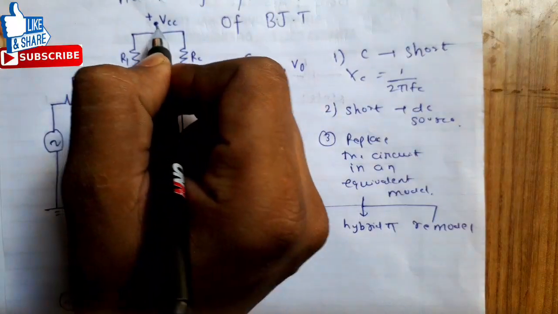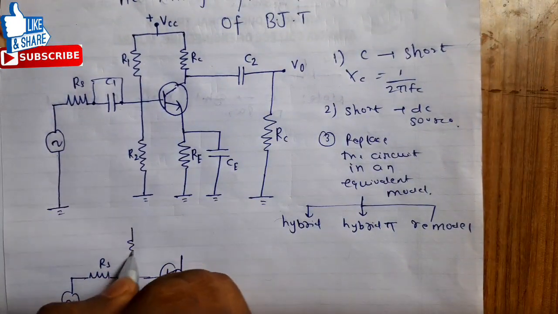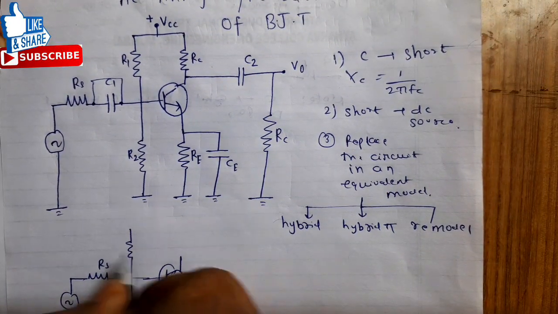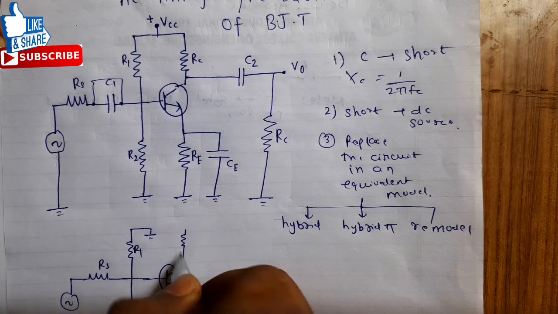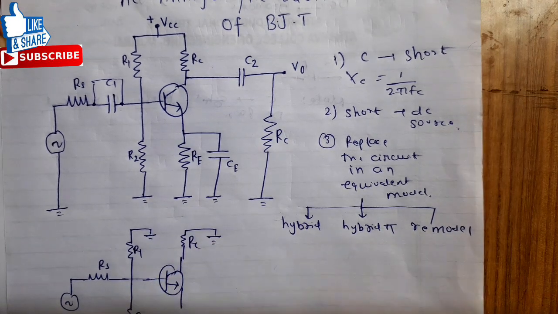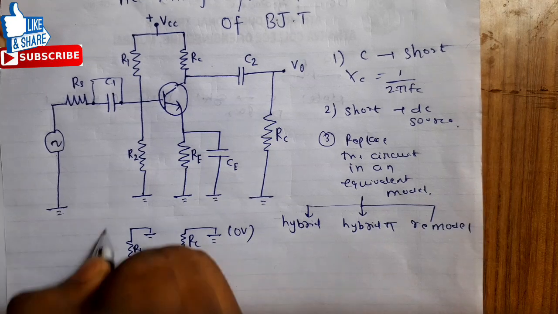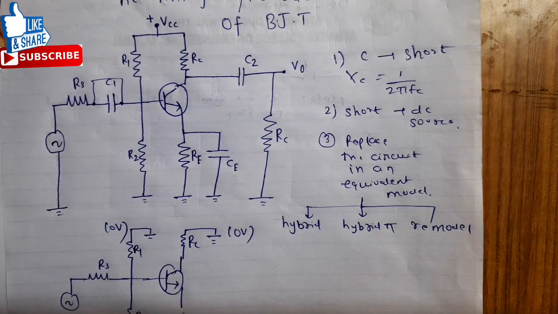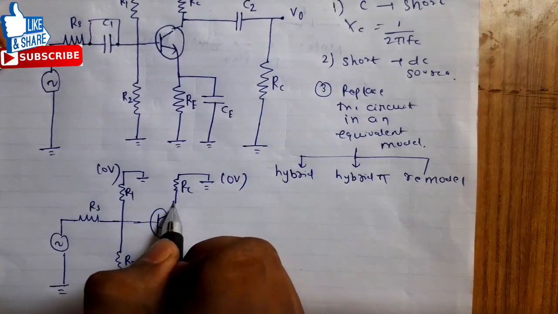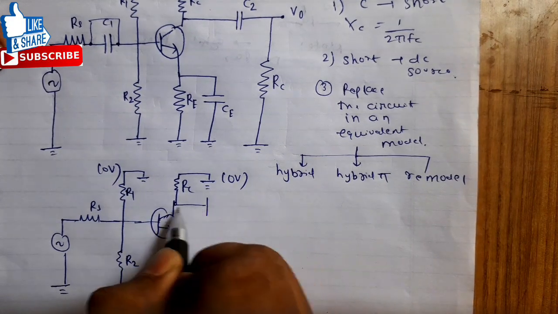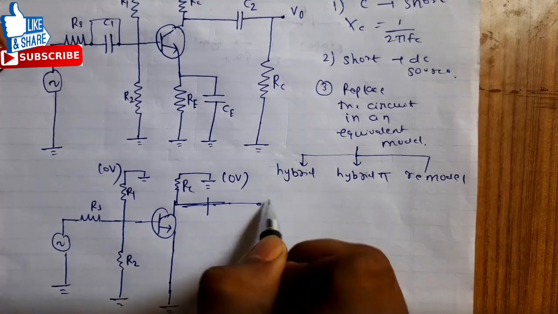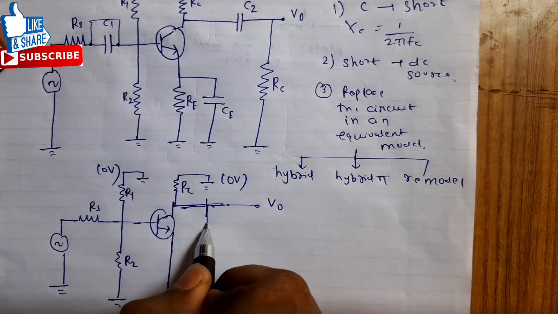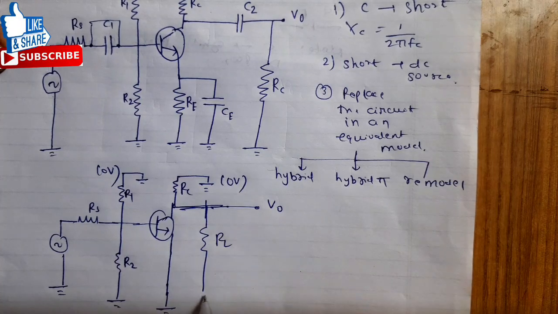As the capacitor is shorted, RE will no longer exist here, that is, it is redundant. So the emitter terminal goes directly to the ground.